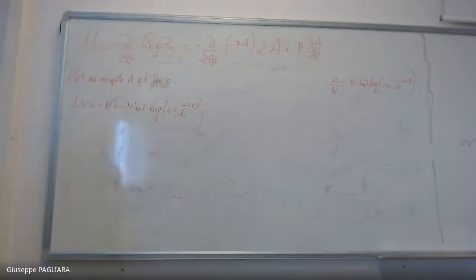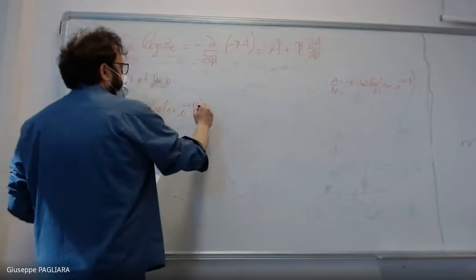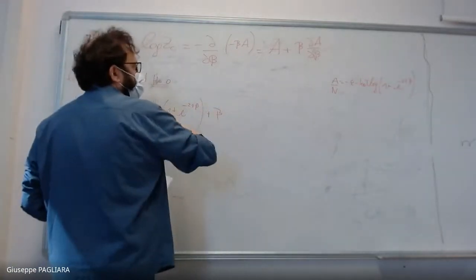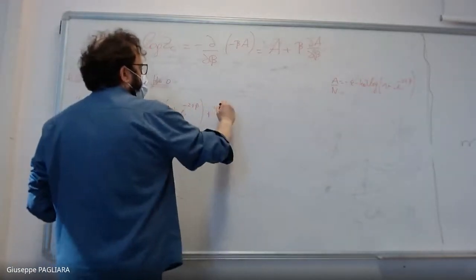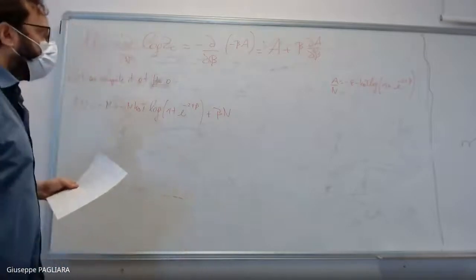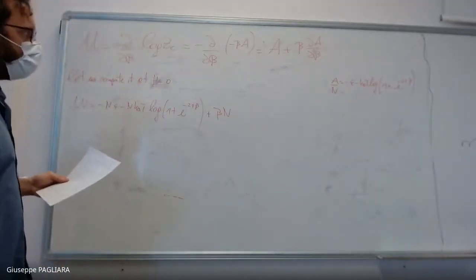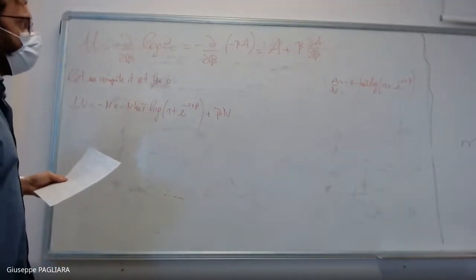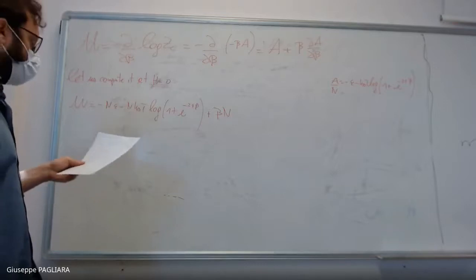Then I have a plus beta. Then I have a factor of N which I can collect. And then I have to do the derivative with respect to beta of this quantity.